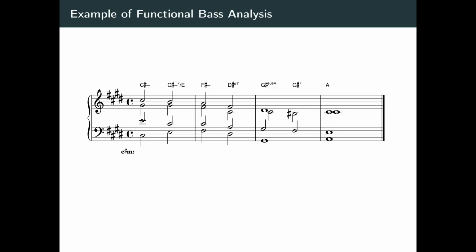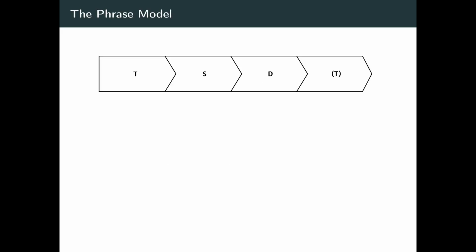And here's the answer. Notice in both of our examples, the music was cycling through the harmonic functions in the order T, S, D, T, S, D, sometimes pausing for multiple chords in a single function category, but never backtracking from T to D, D to S, or S to T. These two progressions follow what we call the phrase model.